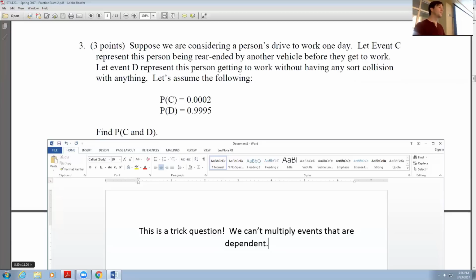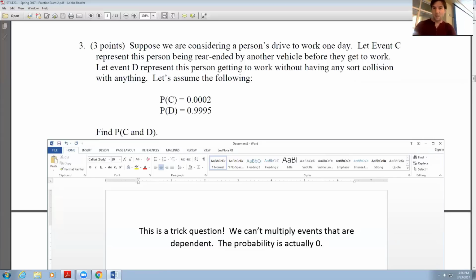Question? I answered it? Good job. Not possible. This is a trick question. We can't do this. Or some people actually wrote that the probability is actually 0, because if you get to work safely, you can't have gotten rear-ended along the way.